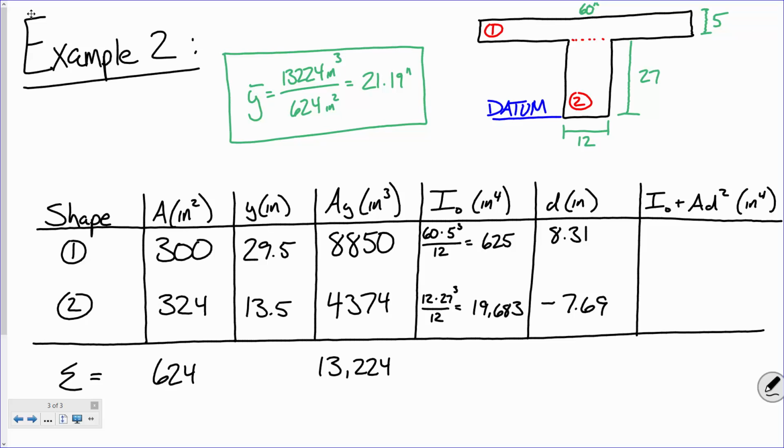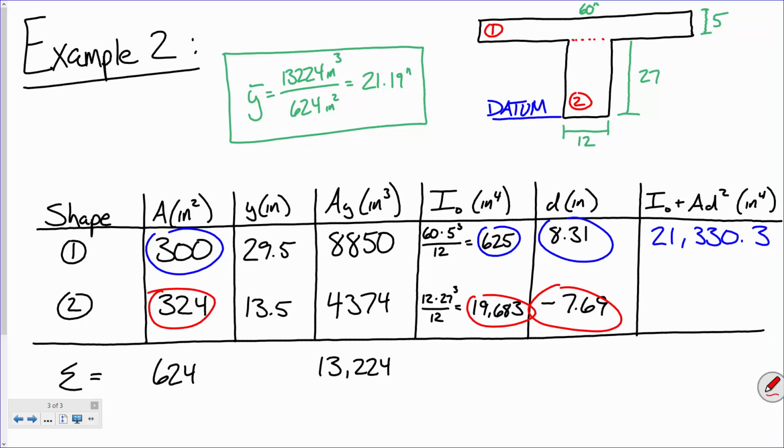So how do I calculate what goes here? I take, let's see, this plus that times that squared, right? And I end up getting 0.3. Is everybody else getting that? And then this bottom one, keeping track of my colors, I take this plus that times that squared.